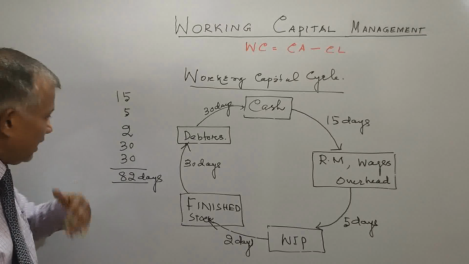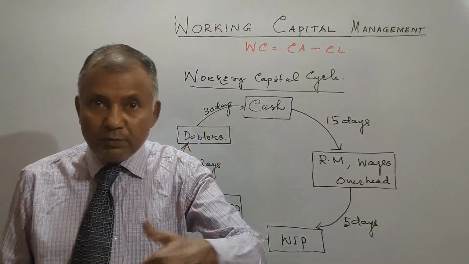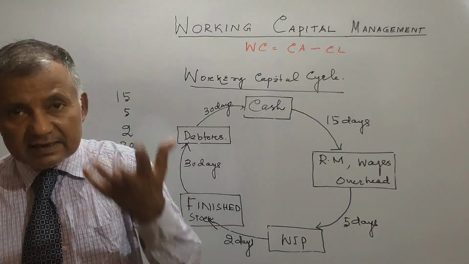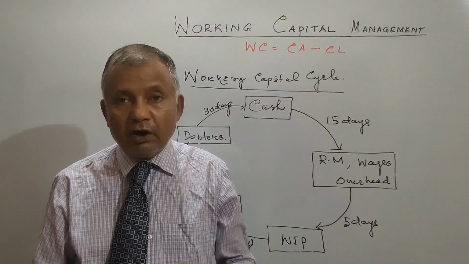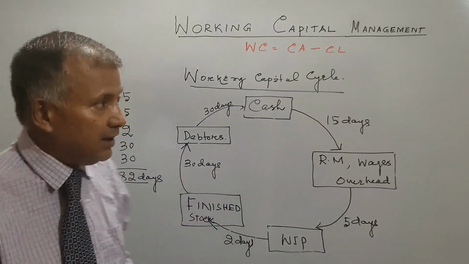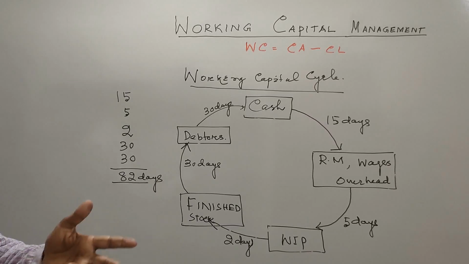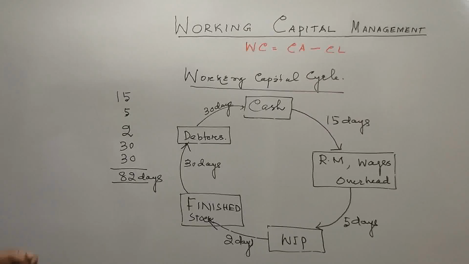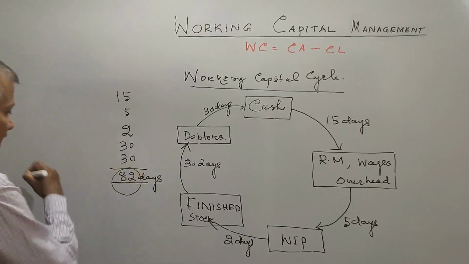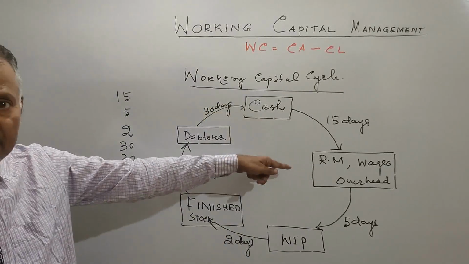So as the working capital cycle moves fast, there will be more number of cycles in a year, more circulation of money and more profit. That is active working capital management. Suppose 82 days are necessary for conversion of cash into cash.